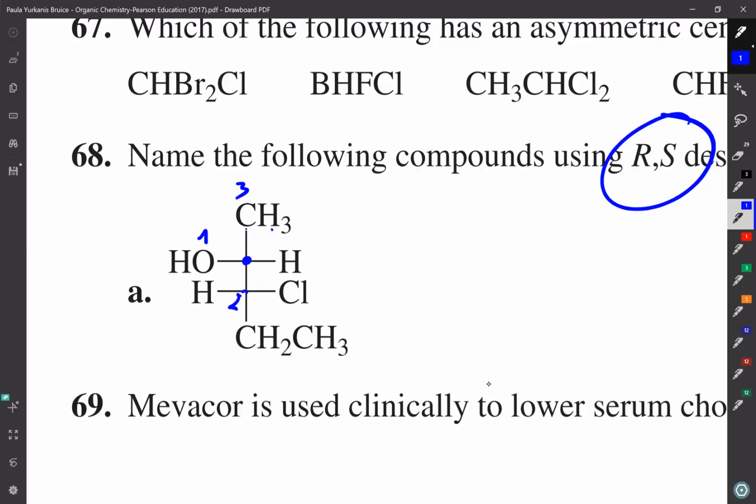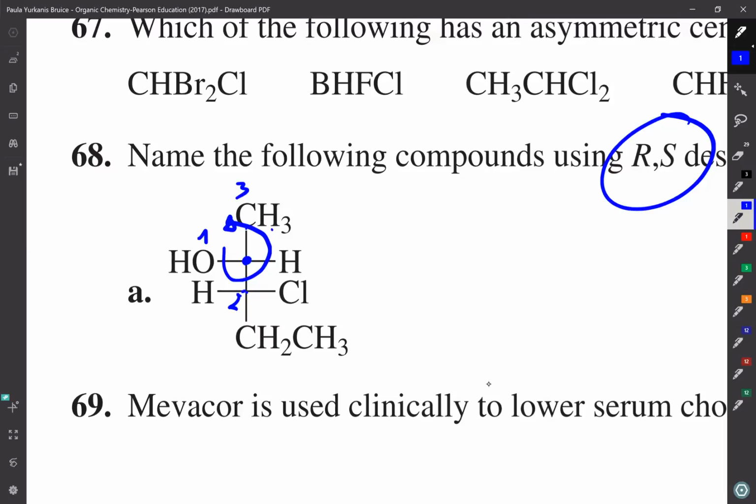Now, when I'm able to rank my first, second, third priority, I now draw an arrow in that direction. My arrow will lead from the first to the second to the third priority. And now ask yourself, is this arrow in the clockwise or the counterclockwise direction? Let me see.